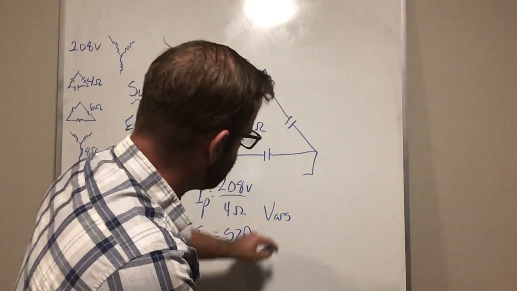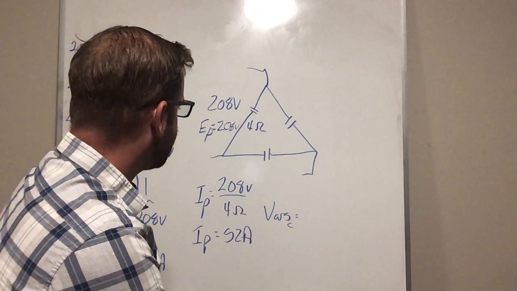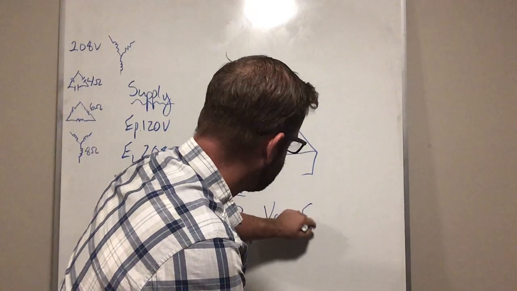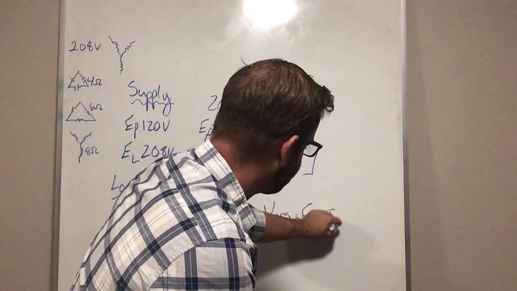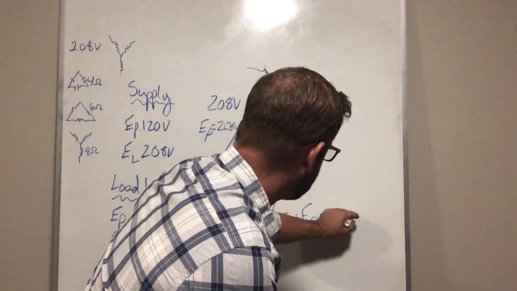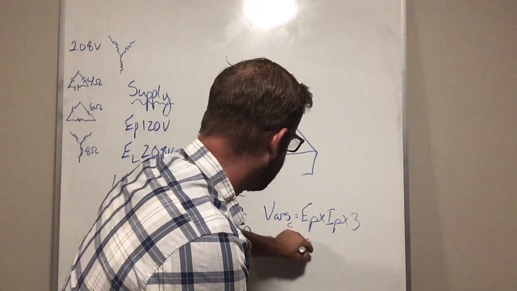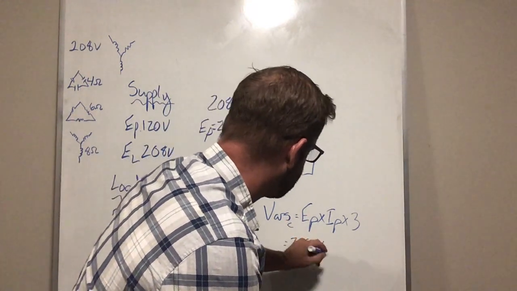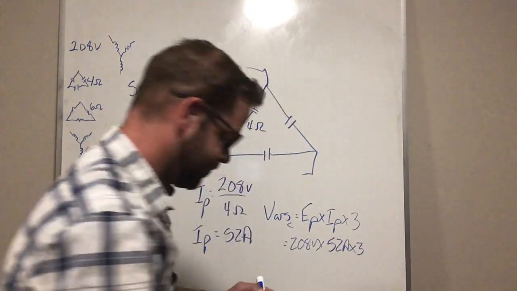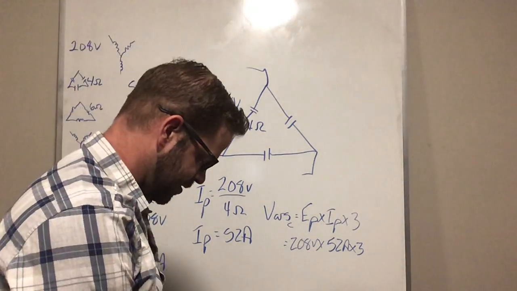While we have this up here, let's find out what our capacitive VARs are going to be, which is our reactive power from this. We know that formula is E phase times I phase times 3. So we take our 208 volts times 52 amps times 3.